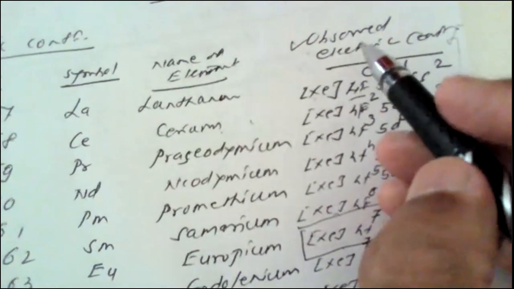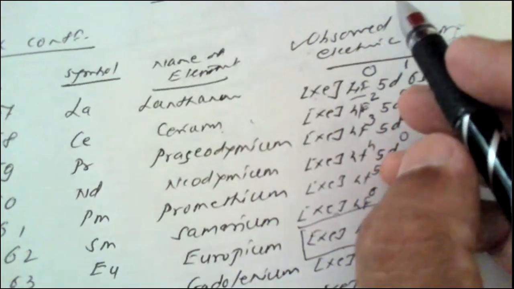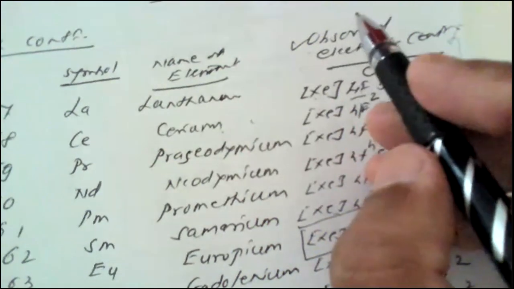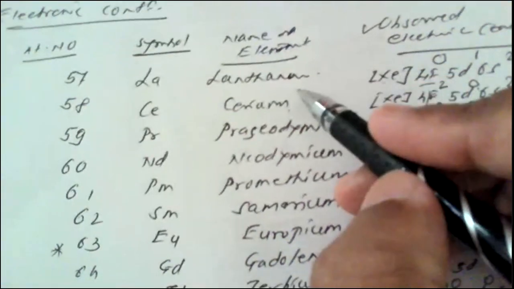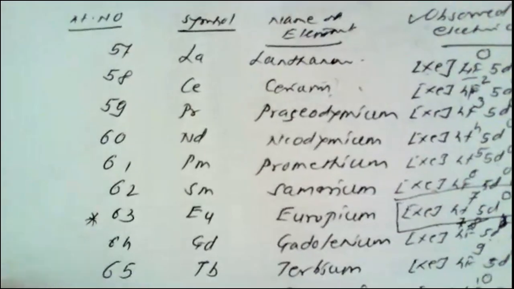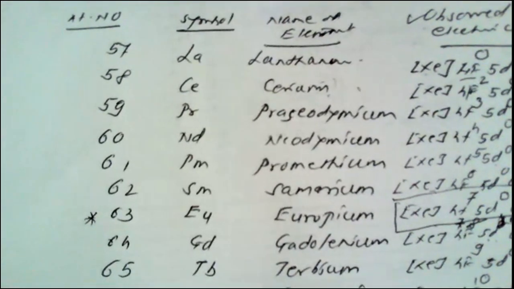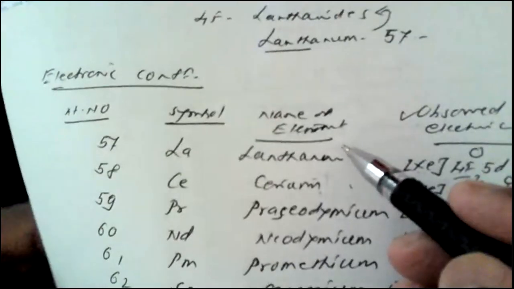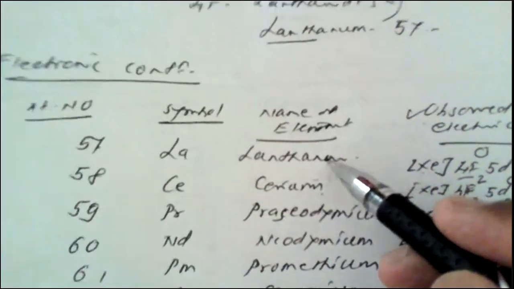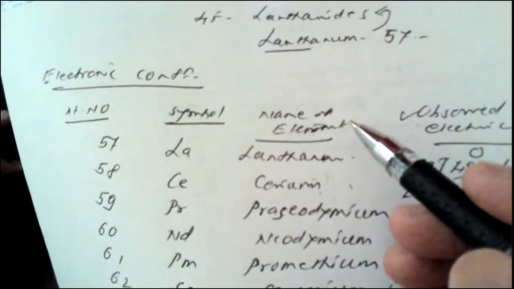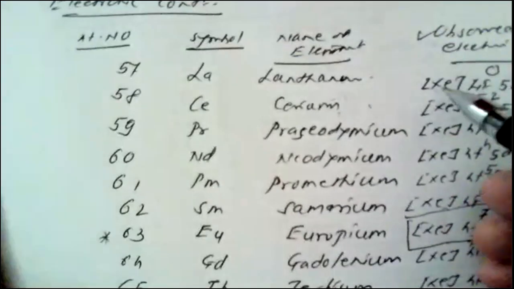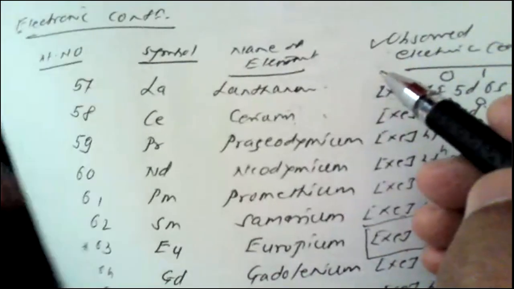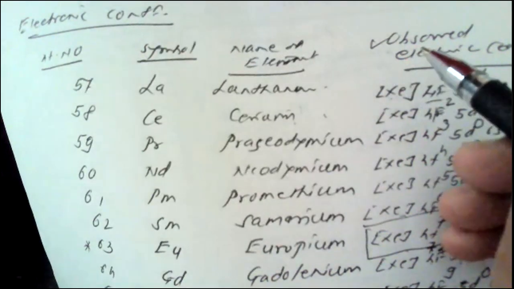There was a lot of discussion in the early days, and later it was found that lanthanum also shows similar chemical and physical properties to those exhibited by all those 14 elements, and hence later lanthanum was included in the series, and hence we consider 15 elements rather than 14 elements. So this is how there were lots of interruptions while writing the electronic configuration.